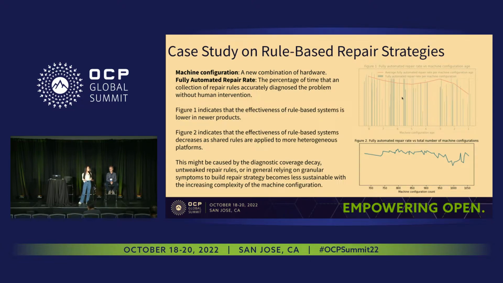We can also see that the rate decreases when we have a higher configuration count. The performance drop could be multi-causal, as in there might be decayed test coverage. Some rules may need some adjustment, or in general, relying on granular symptoms alone to give repair recommendations is no longer sustainable as we have increasingly complex machine configurations.